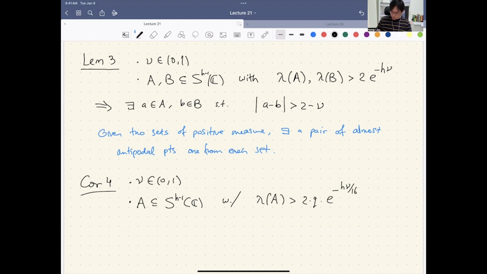Still a positive measure. Q is a fixed constant. Then we can find Q points in A, evenly spaced out at the corners of a regular Q-gon, say.